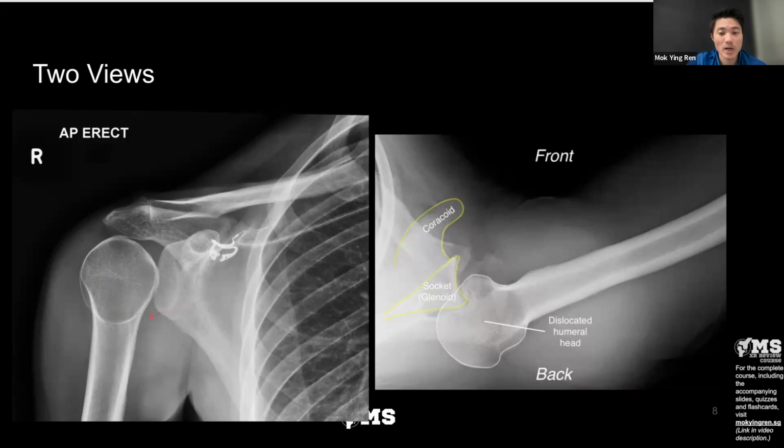However, on the other view, which is the axial view, you see that the humeral head has been dislocated posteriorly. This is a posterior shoulder dislocation, which could have been missed if you only looked at the AP view. And over here, this is also known as the light bulb sign. The light bulb sign for a posterior dislocation.